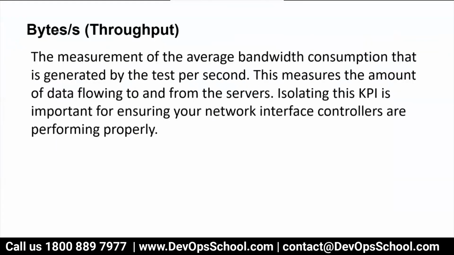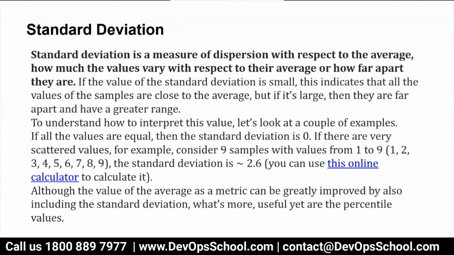Okay, so now standard deviations. Now slowly we'll get into the mathematics also. These are the basic mathematics I think we have studied in college time. So standard deviation is a measure of dispersion with respect to the average: how much the values vary with respect to their average and how far apart they are.